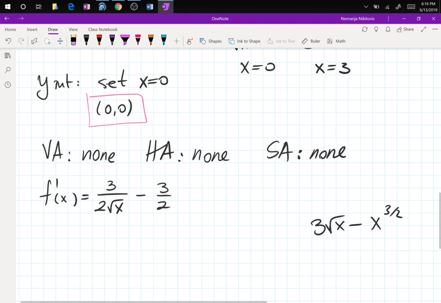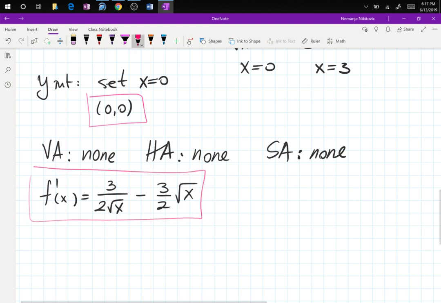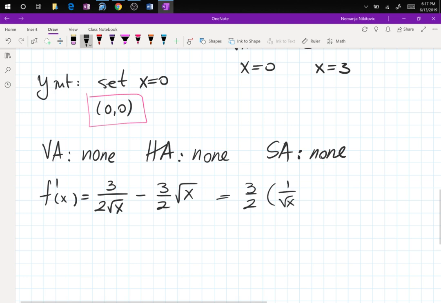So we can actually call that square root of x to be consistent. So this would be our first derivative. Now, actually we can simplify it a little bit nicer to get 3 halves, and then you get 1 over root x minus root x. Nicer.